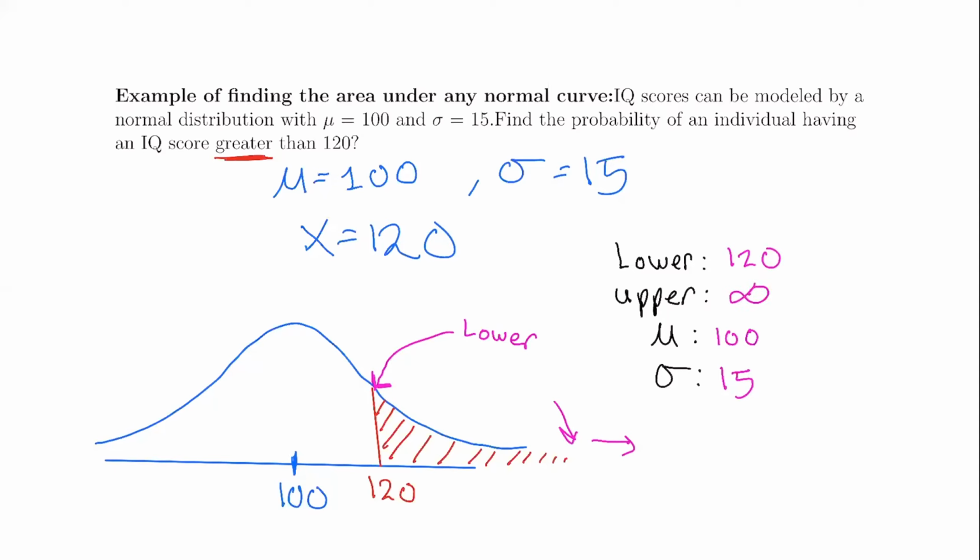Since your calculator doesn't have a button for positive infinity, you put 10 to the 10 power, a very big number to represent positive infinity. Any question in regard to that so far?